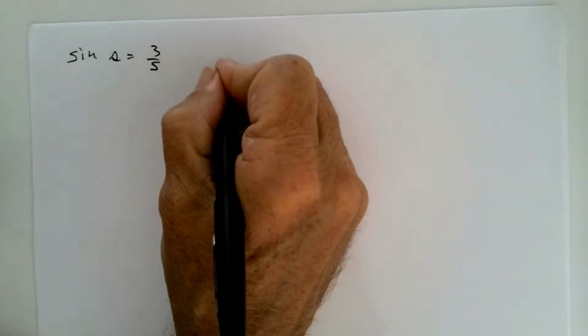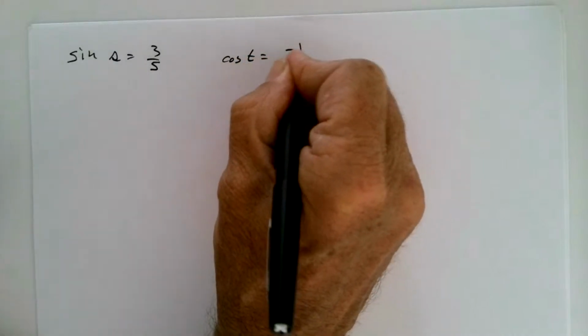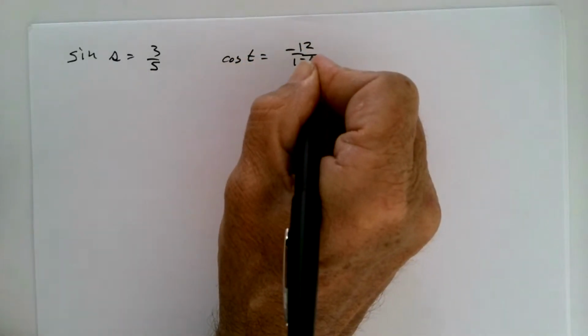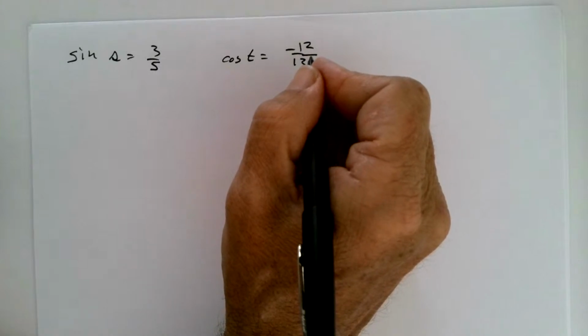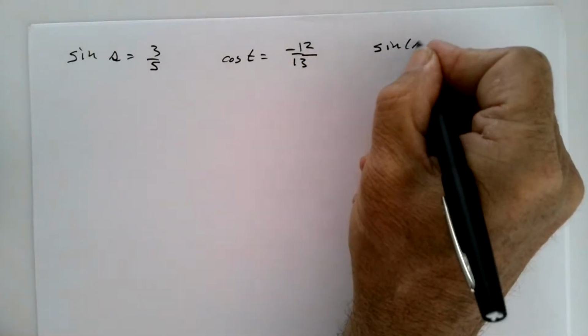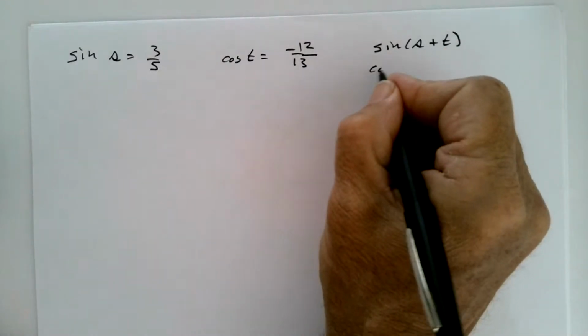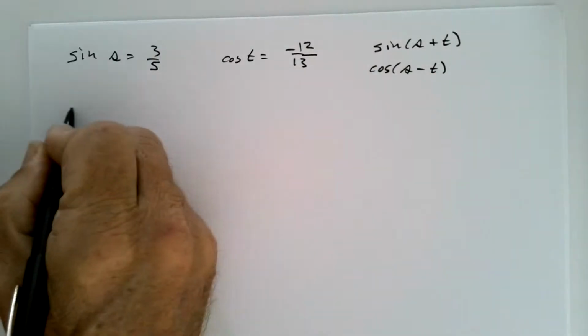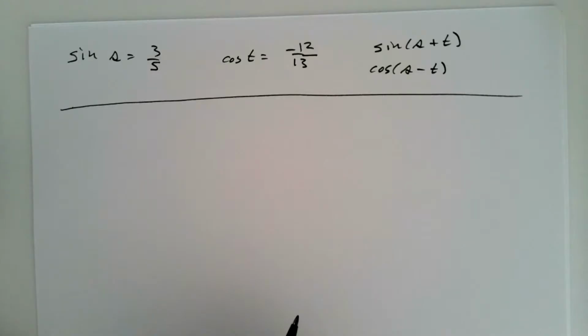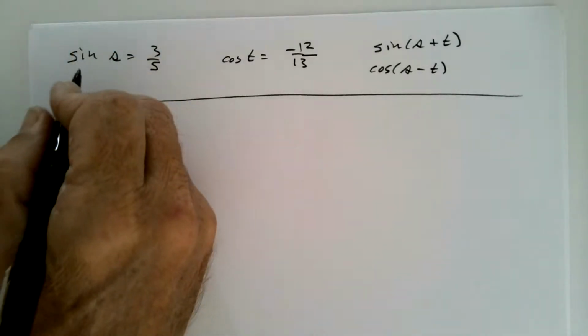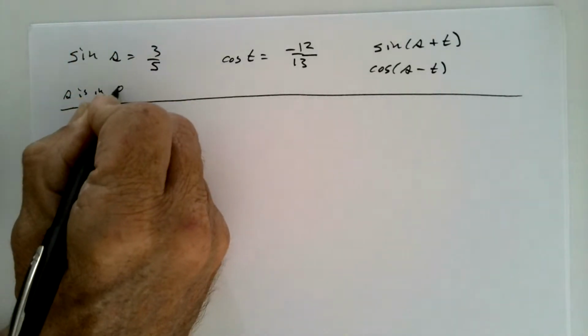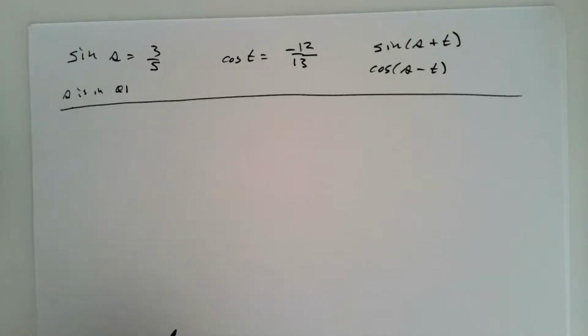And we are given cos of T is negative 12/13, and we want to find sine of S plus T. We want to find cos of S minus T. Well, to do that, I need to find some other things here. So I am telling you that S is in quadrant 1. So knowing that, what can I say?